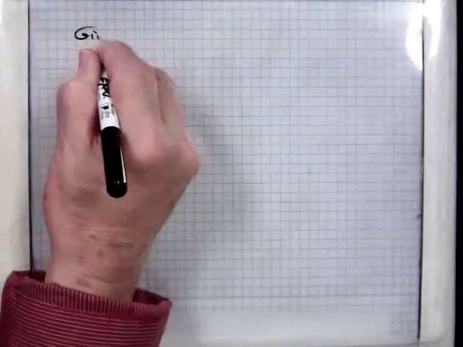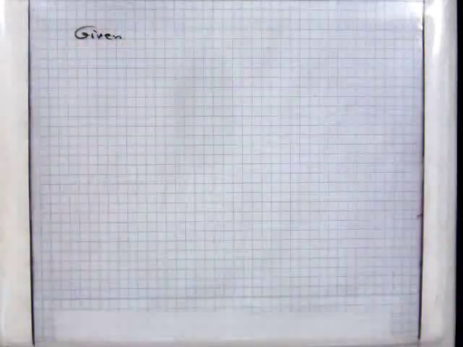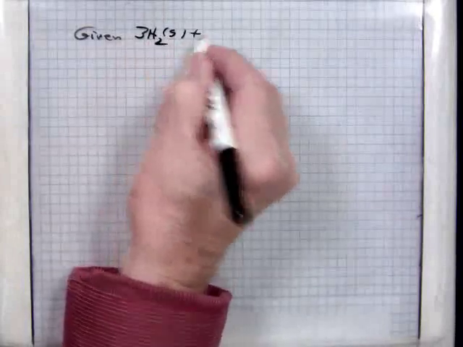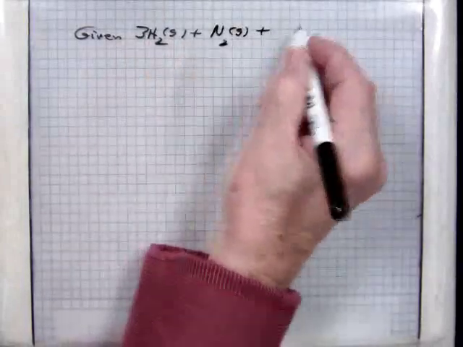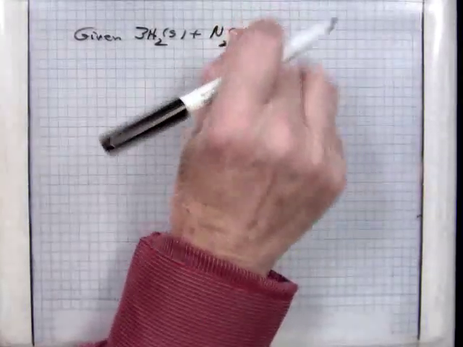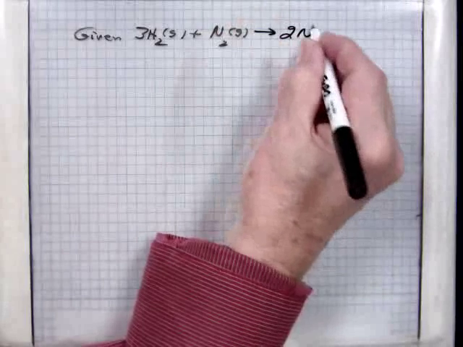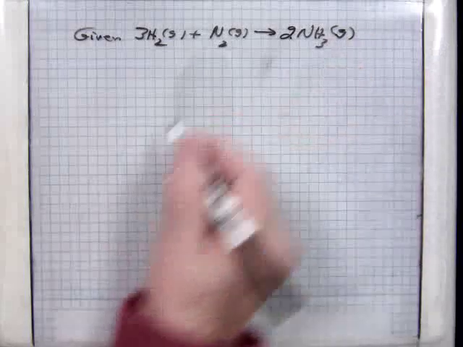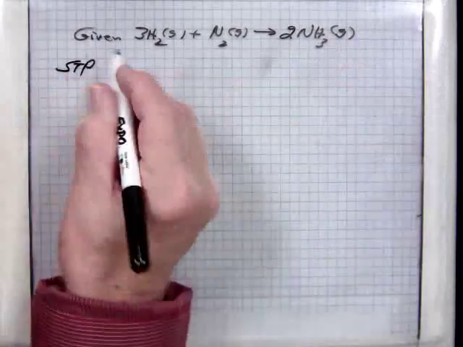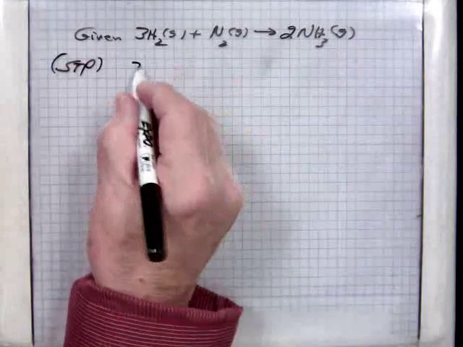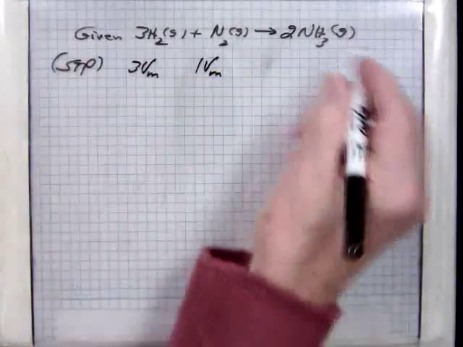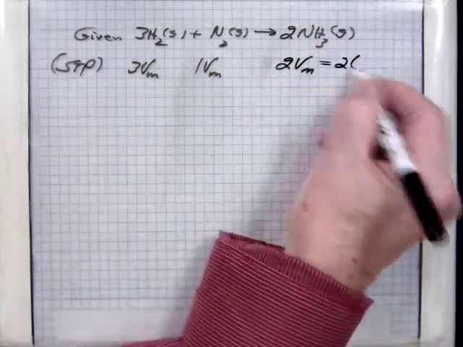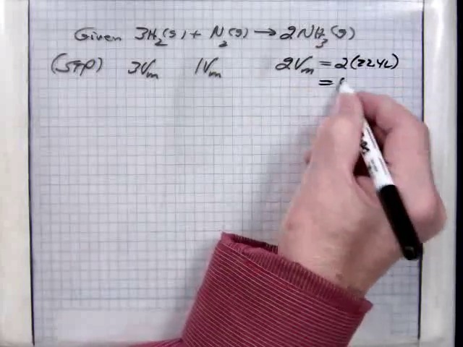So again, we're given, and what we know now is that at standard conditions, we have 3 molar volumes, 1 molar volume reacting with 2 molar volumes, and that's 2 times 22.4 liters, which is 44.8 liters.